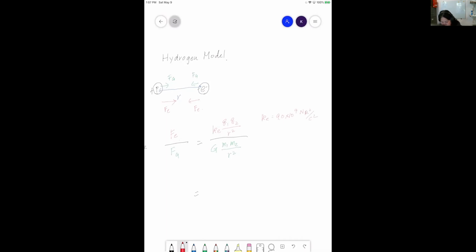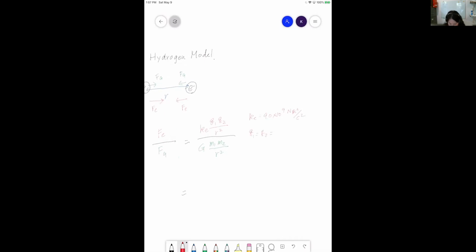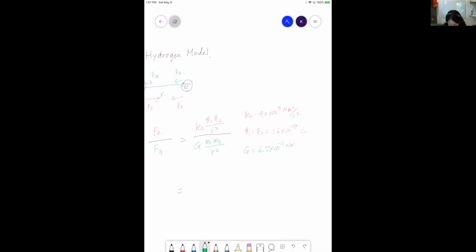The charges Q1 and Q2 are oppositely charged, but they have the same magnitude, which is 1.6 times 10 to the minus 19 coulomb. G, the gravitational constant, is 6.7 times 10 to the minus 11 newton meter squared per kilogram squared.